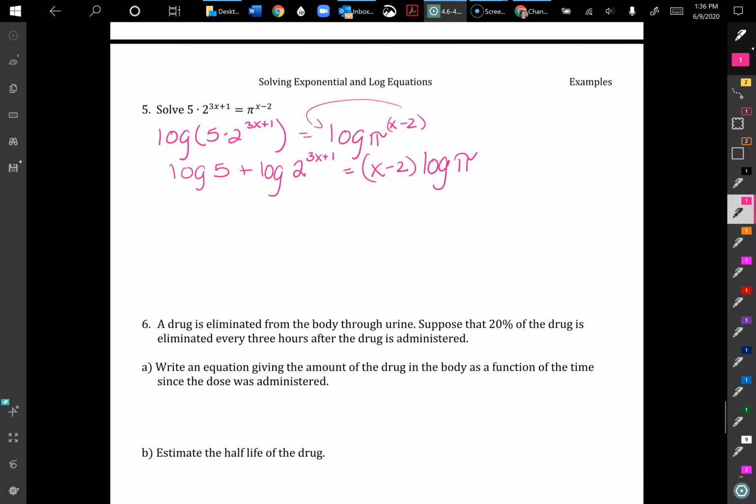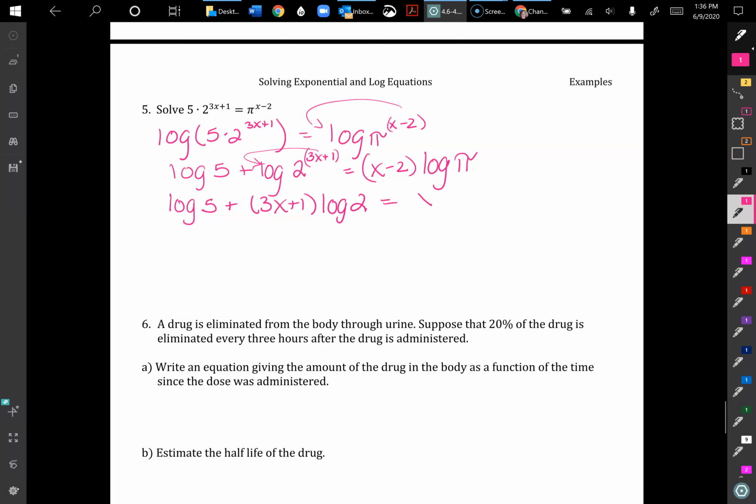So my goal here is to get all my x's from being variables to just down on the main line there. So this, I can use a log property if I put parentheses around it, and that can come down in front. So then I'll have log of 5 plus parentheses 3x plus 1 times log of 2 equals x minus 2 log pi.